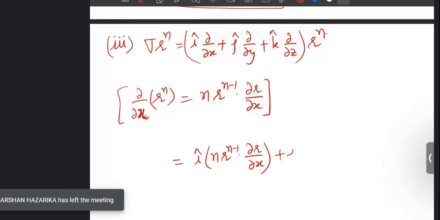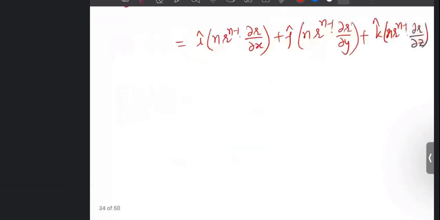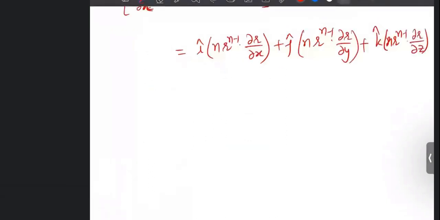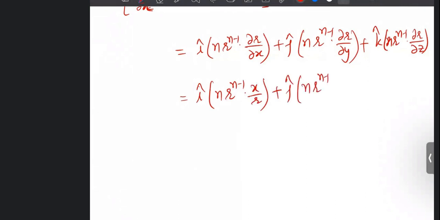Then substitute their values. Partial r upon partial x is equal to x by r, partial r upon partial y is y by r, and z by r. So we get i into n r to the power n minus 1 into x by r, j n into r to the power n minus 1 into y by r, k n r to the power n minus 1 into z by r.